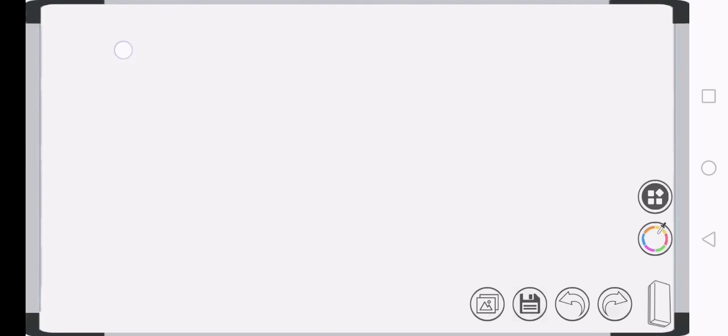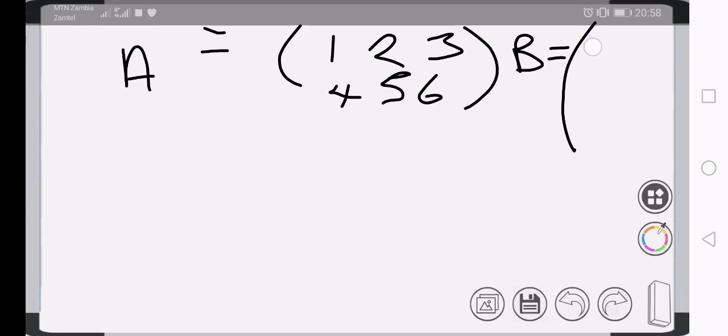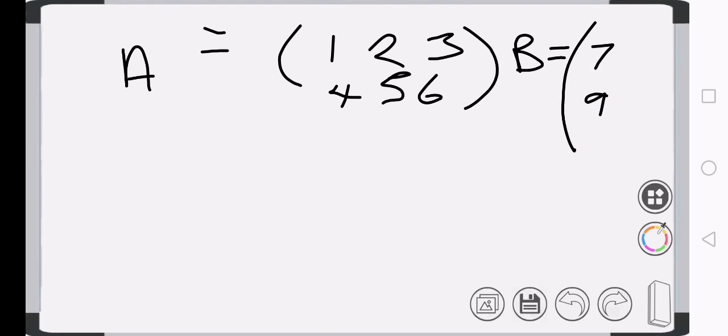You've got a matrix A, which is equal to 1, 2, 3, 4, 5, and 6, and the matrix B, which is equal to 7, 9, 11, 8, 10, 12.